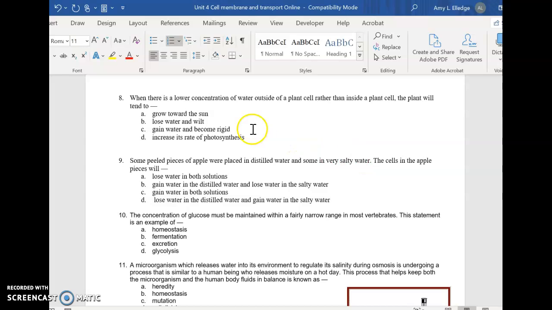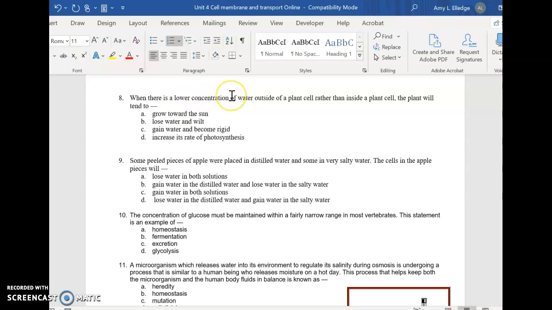When there is a lower concentration of water, now notice they're talking about water here, so this can get confusing because what we really looked at is the solutes. But if you have less water, that means you have more solutes. When there is a lower concentration of water outside the plant, or more solutes, than inside the plant will tend to.